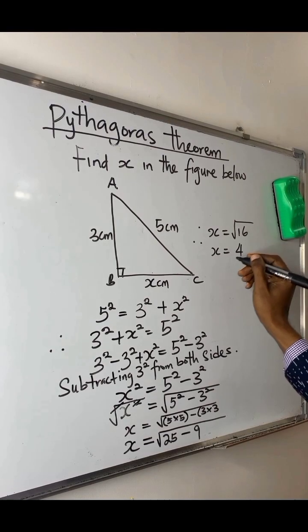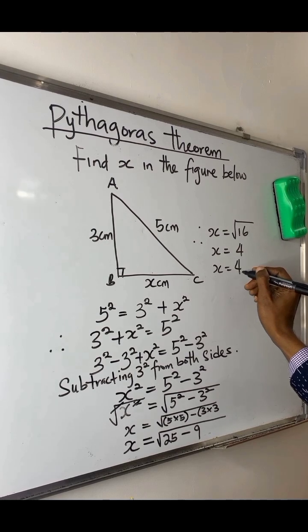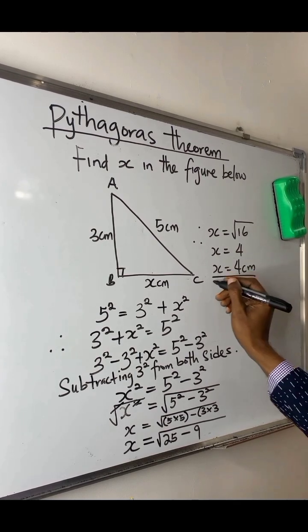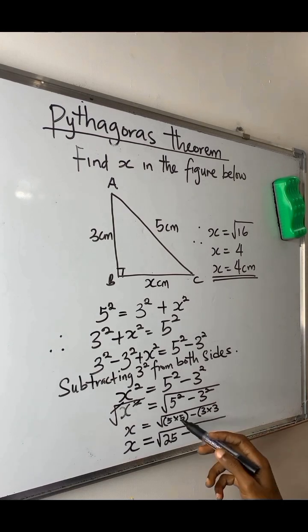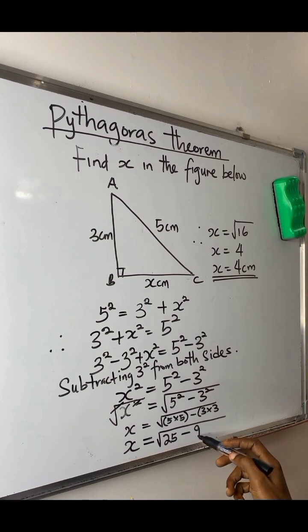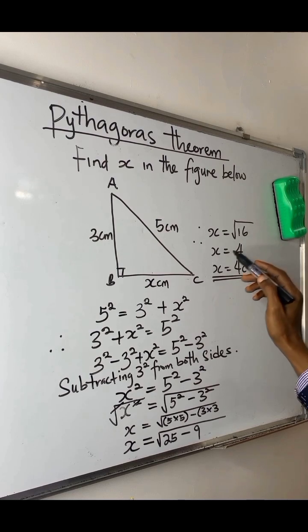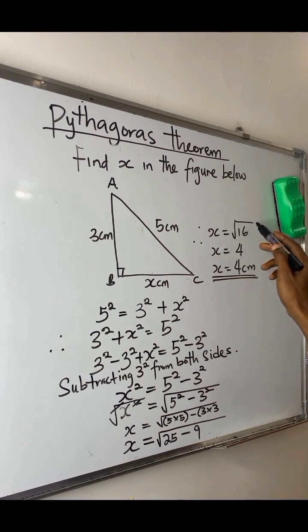So our root will cancel our square at the left-hand side, and our x will be there. Going back to the right-hand side, you are left with the root of 5 square minus 3 square. 5 square is 25. 3 square is 9. 25 minus 9 gives us 16. So we are now left with the root of 16 at the right-hand side.